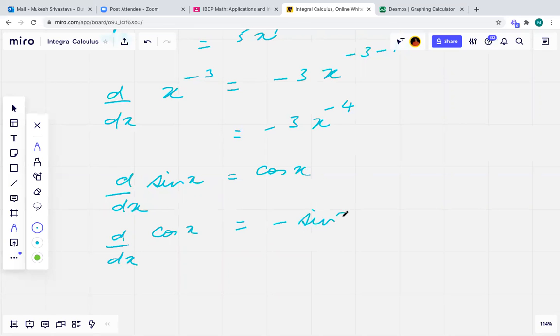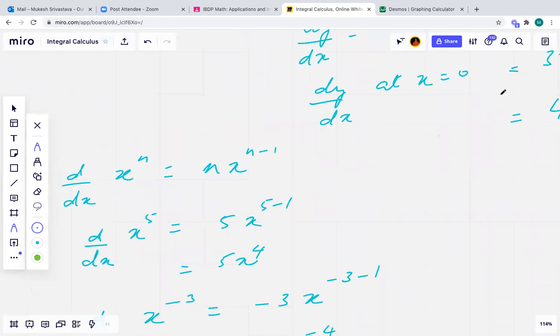These are given to you, and you don't have to memorize them. You can actually prove them using this.